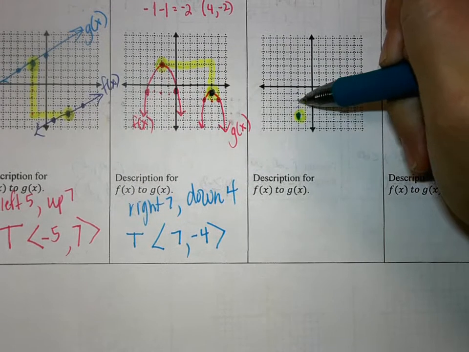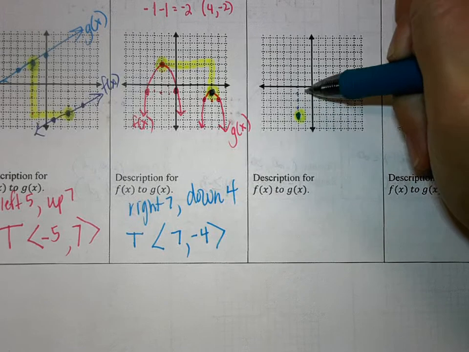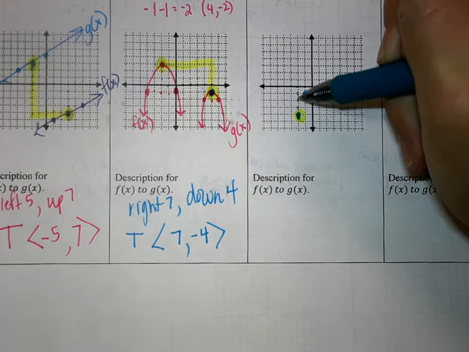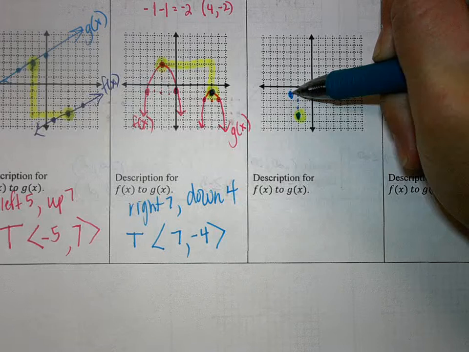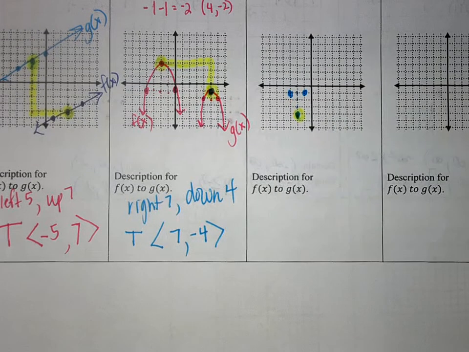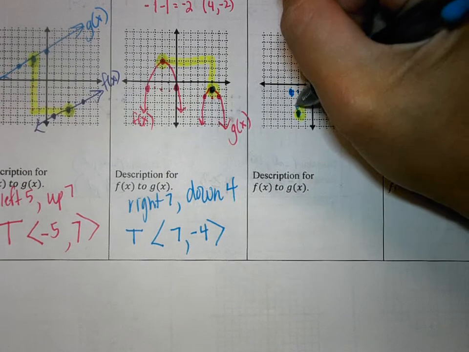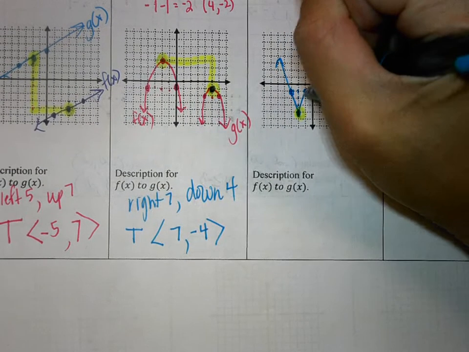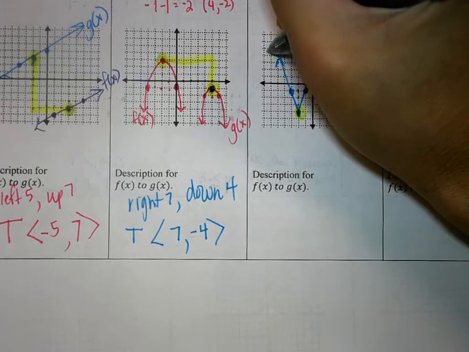Up. And so from here we're going to go up, right, or up 1, 2, 3, right 1. And then you're also going up 3 and left 1 because why? Because it's symmetrical. It needs to make that V shape. And then label that as f of x.